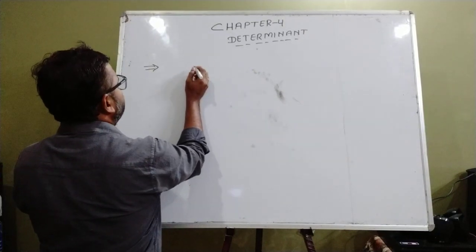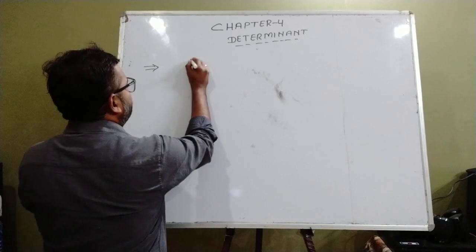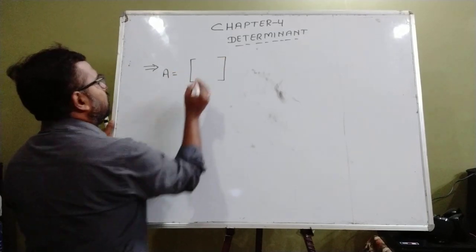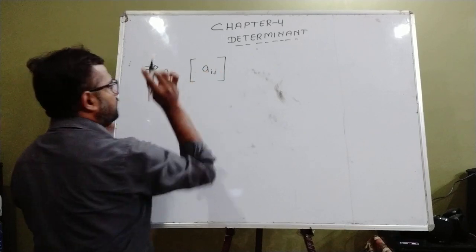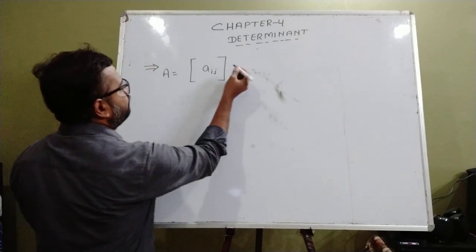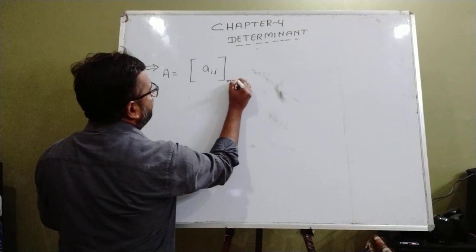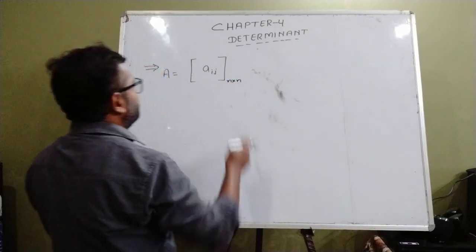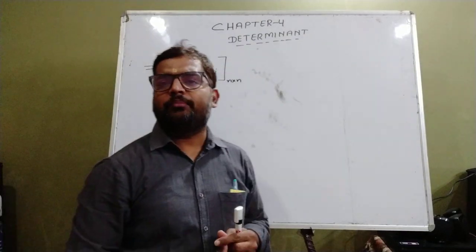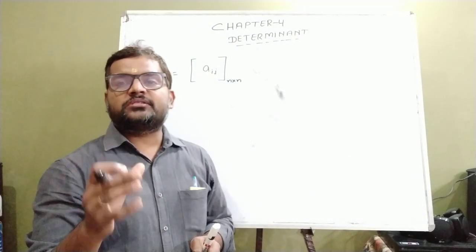Just for example, suppose A equals Aij is a square matrix of order n. Then for every square matrix, there will be a certain number.